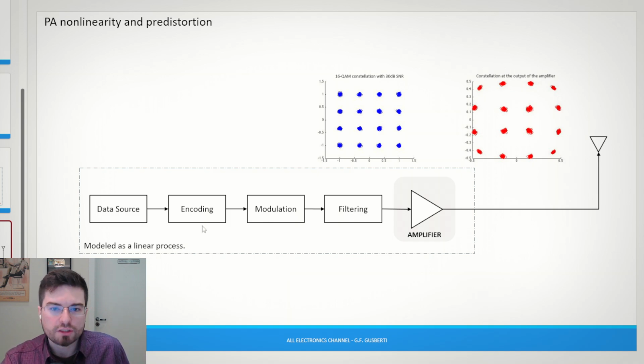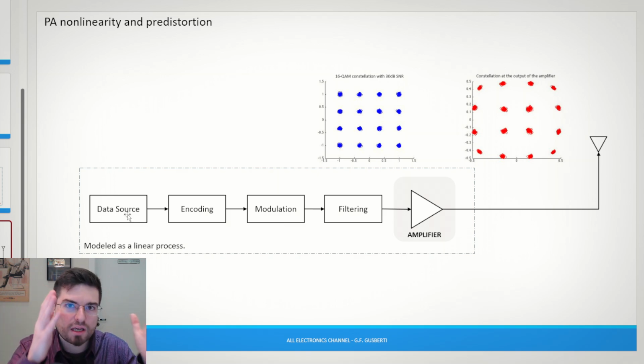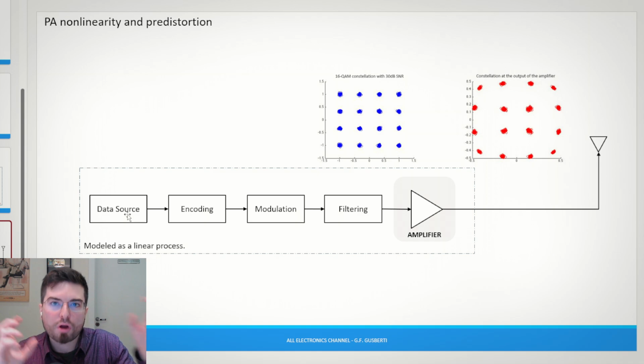Filtering, modulation, encoding, bandwidth, symbols, all this stuff are linear concepts. And this is why we can subdivide it in blocks, we can think about each block, we can mix blocks together, we can change the order of the blocks, and this works because we have a linear toolbox, mathematics, and also linear models in our minds.